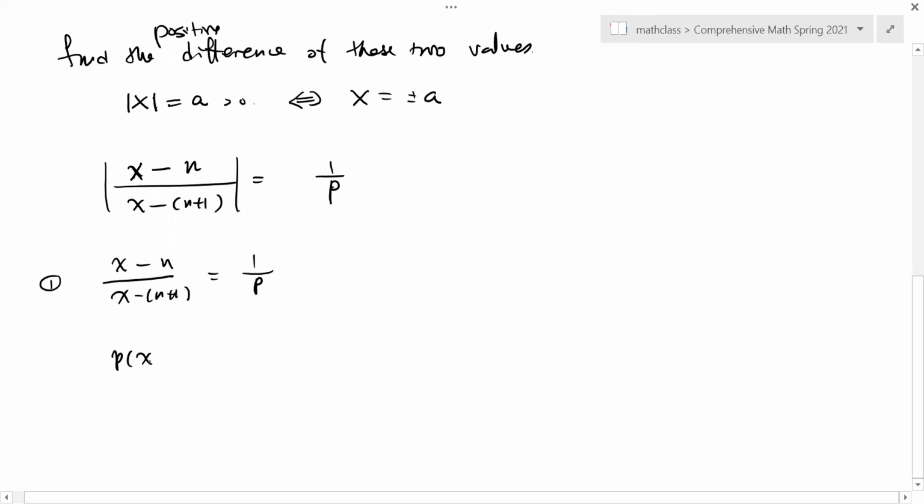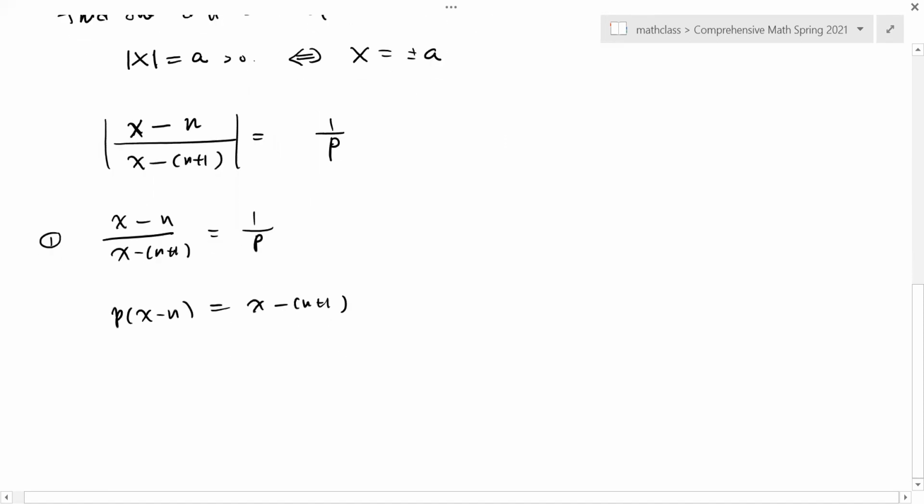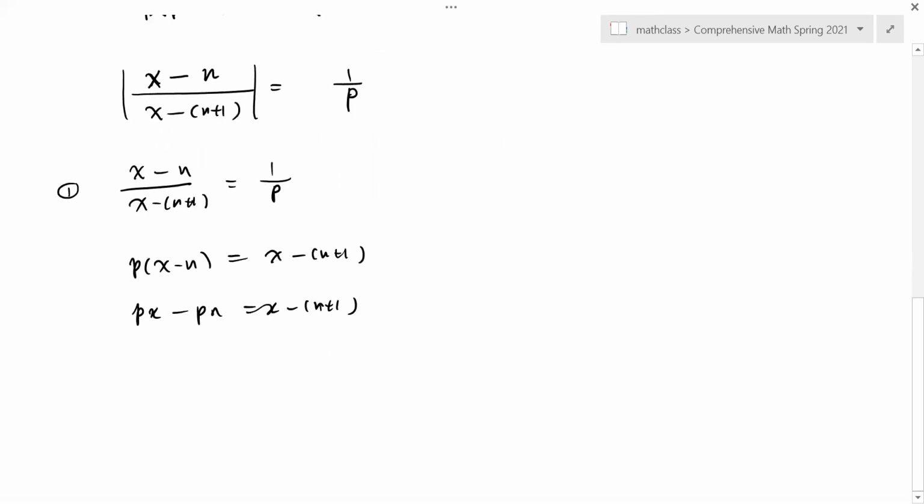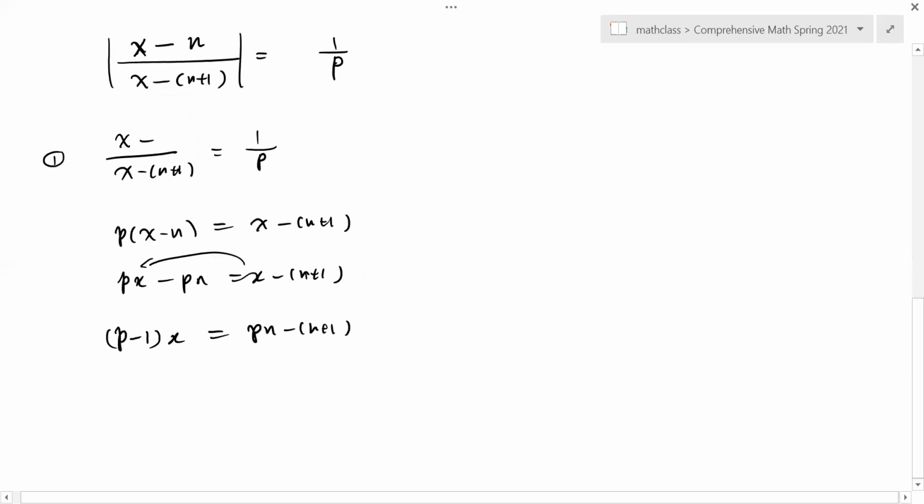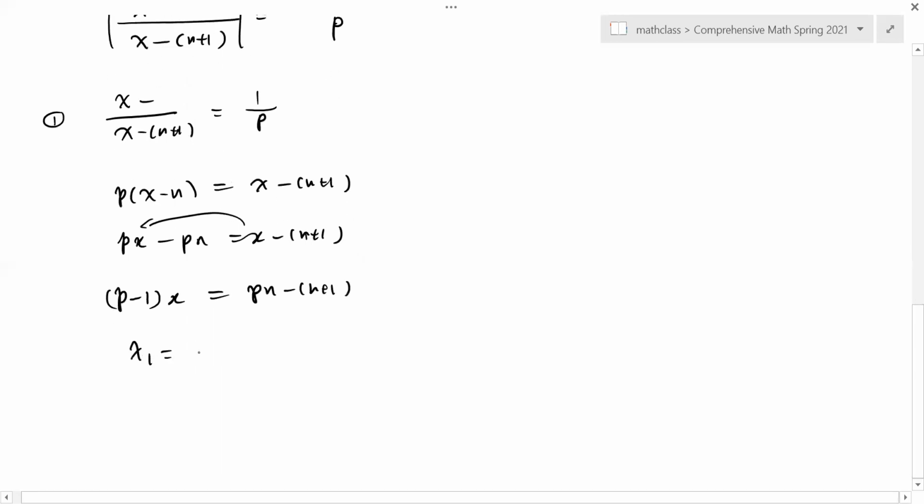I get p times (x minus n) equals x minus n plus 1, and then I solve for x. So I move this to get (p minus 1) x equals pn minus n plus 1. That's the first solution I got, right?